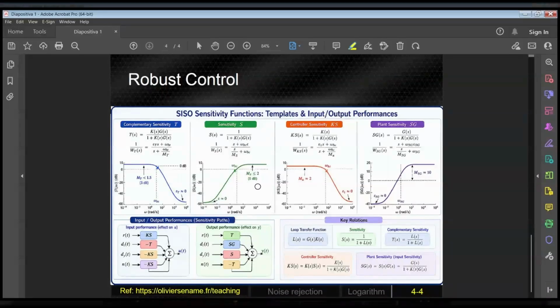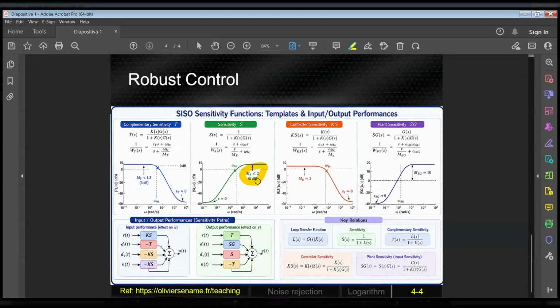So in logarithmic scales, we usually represent 0 with a very small value such as 10 power minus 3, which corresponds to approximately minus 60 dB. For the sensitivity function, we would like the curve to start near minus 60 dB and never exceed approximately 6 dB.